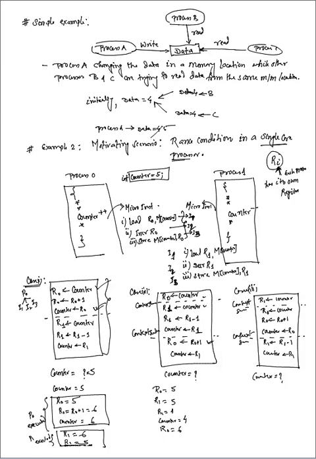Now save the value into counter. Sorry, here it is R0. So what will happen if I save the value of R0? It is 6. So here counter value is 6.